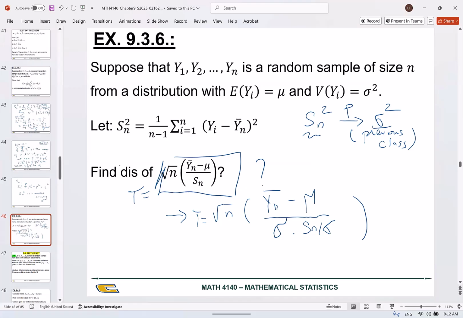Then I can rewrite it this way: square root n times Yn bar, the mean of Y1 to Yn, subtract mu, divided by sigma, and times sigma divided by Sn. So nothing new here.